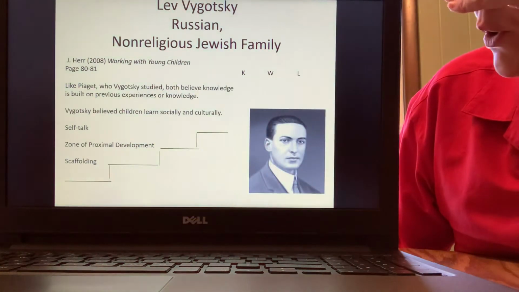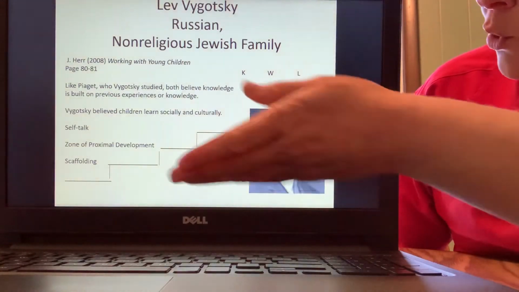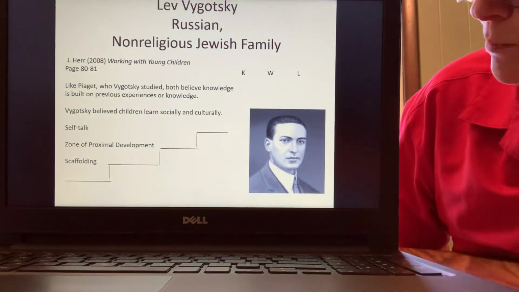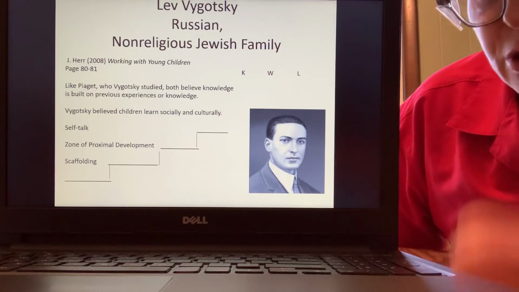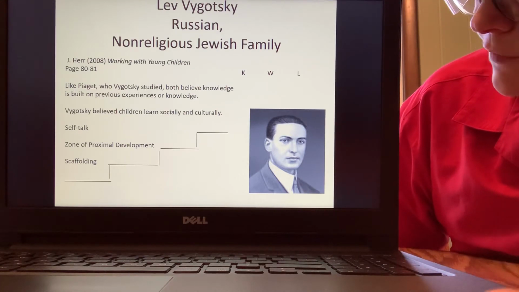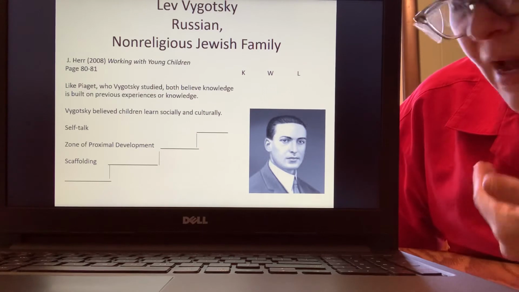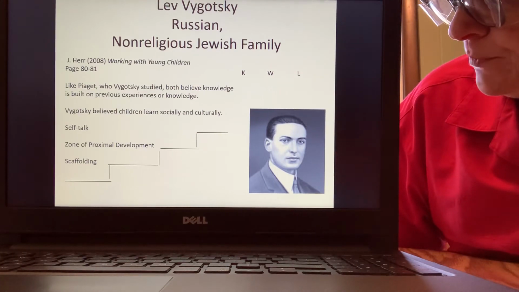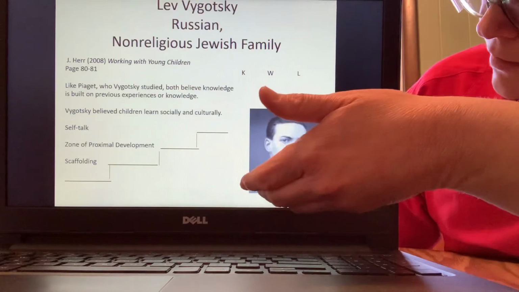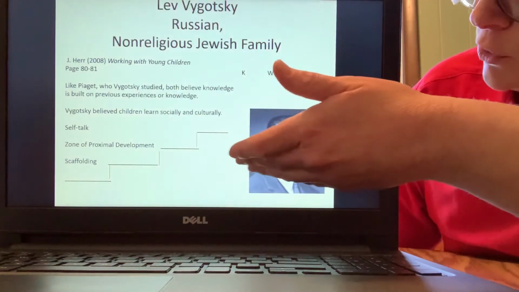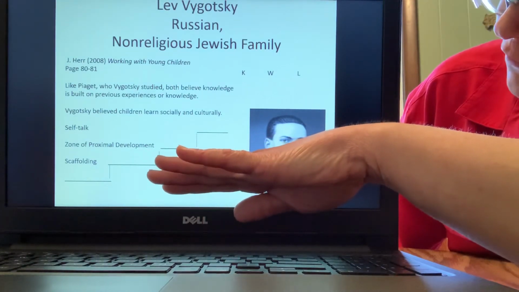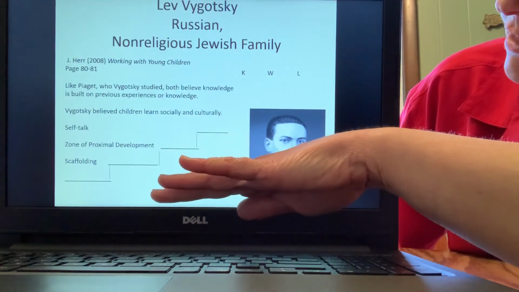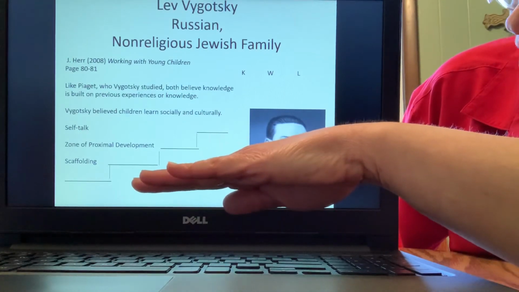Okay, so he says that what we learn from more knowledgeable others, so from people in our life that are more knowledgeable, could be peers and adults who have a better understanding and concept of higher level ability than we do as the learner, or the child does as the learner. So he said the zone of proximal development is the area where the child or the person is most sensitive to learning from the peers and the adults who know more about the subject.